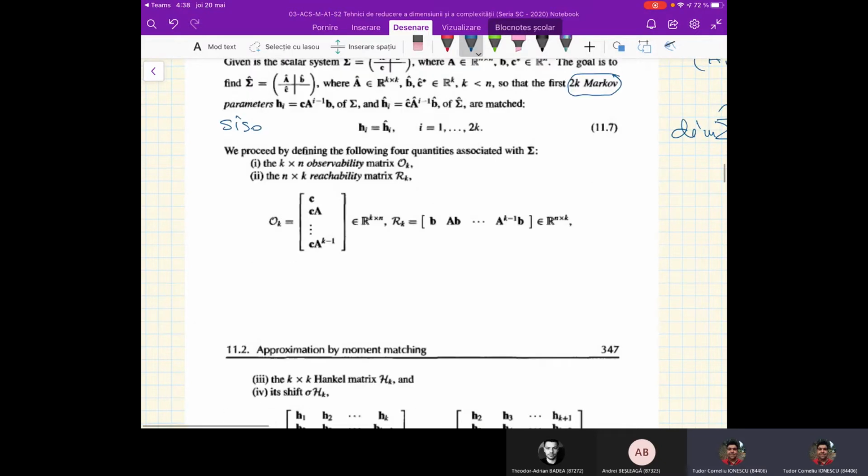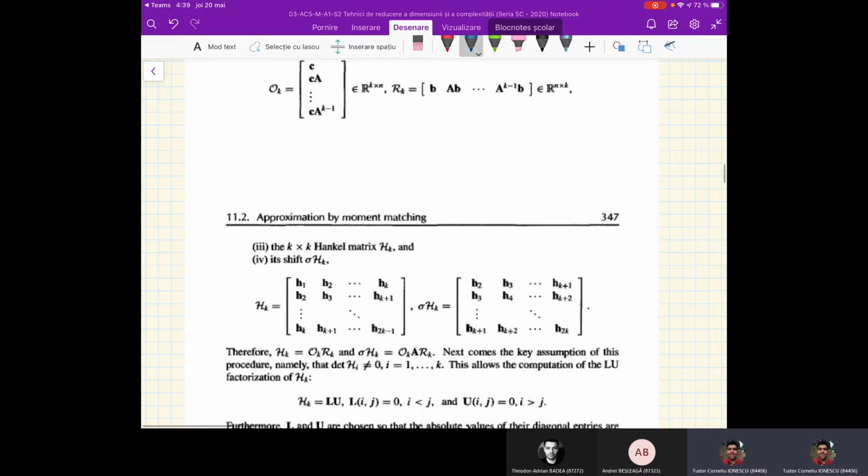How do you do that? You build the k-step, you remember from chapter 3, we had the controllability and observability matrices in a limited number of steps. So we compute the observability matrix in k steps and the controllability matrix in k steps, like this, O_k and R_k.